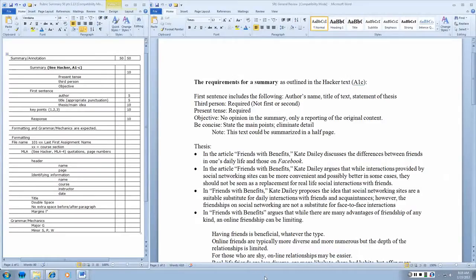That is, you should state the main points and eliminate detail. This text could be summarized in about half a page in MLA formatting, double spaced.